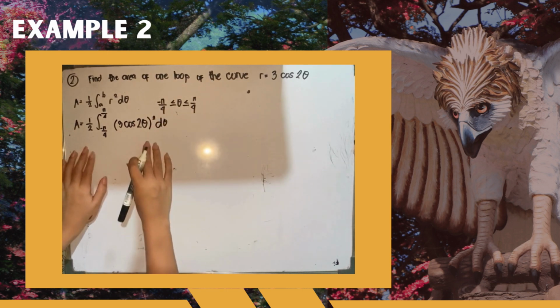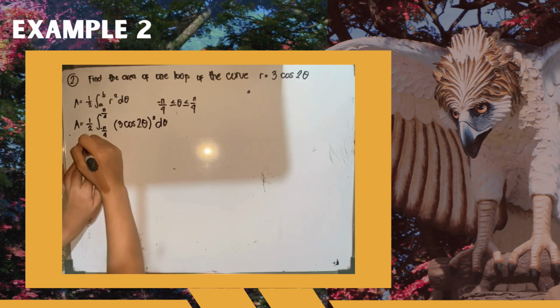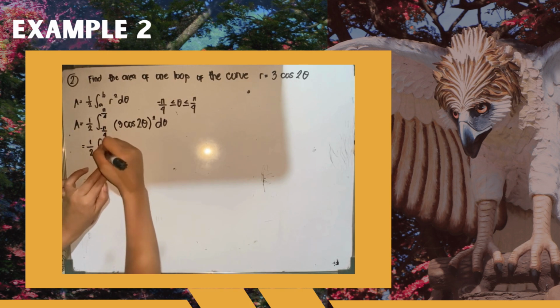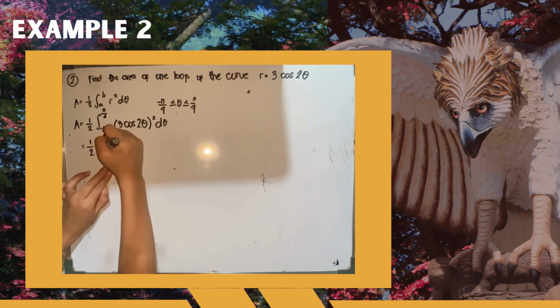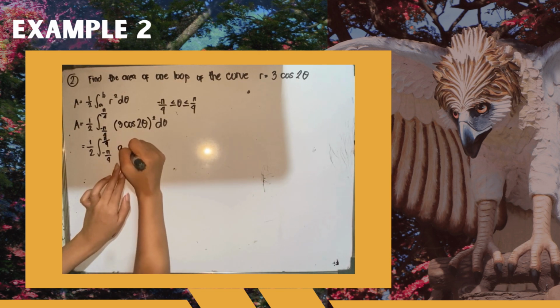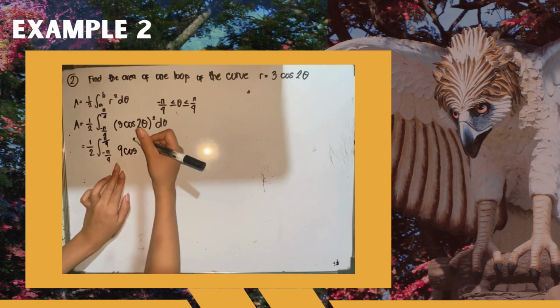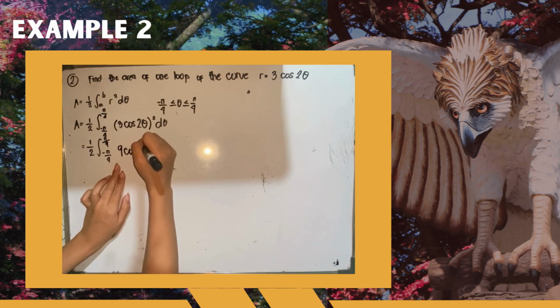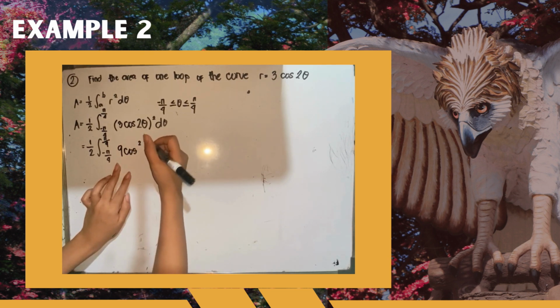For our step 2, we have to expand. Square the expression. It would become 1/2 integral from negative pi over 4 to pi over 4 of 9 cosine squared 2 theta d theta.